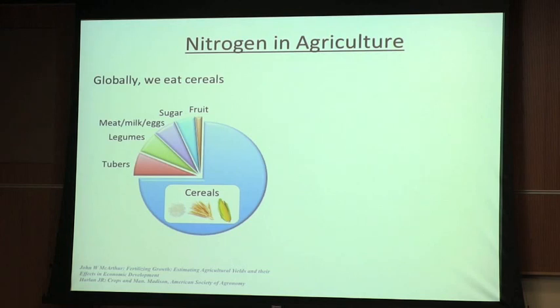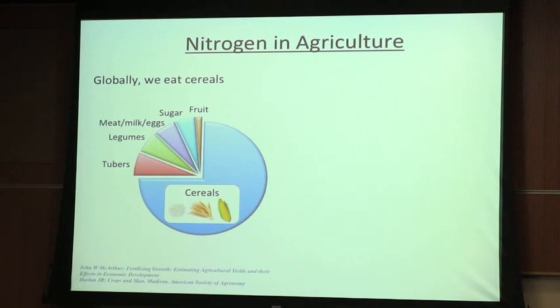And this is a problem that's been articulated for 30 years or more, where the problem is that when we look at organisms, when we look at plants and their ability to obtain nitrogen from the environment, most of the plants that we consume are not able to obtain their own nitrogen. So things like legumes and beans are able to form associations with microorganisms that deliver nitrogen, but cereals like rice and corn and wheat are not able to do this.